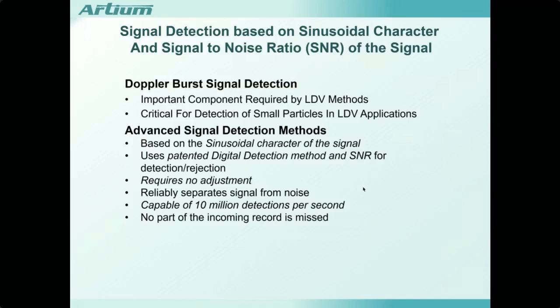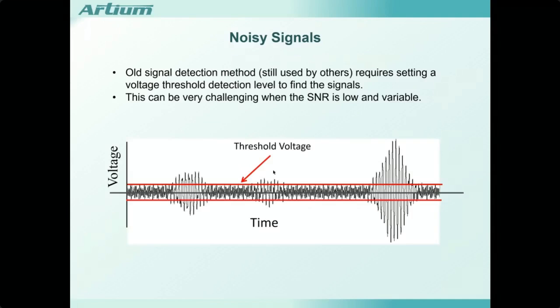So with that frustration and the importance of signal burst detection for LDV, our electronics engineer, who's a very brilliant guy, came up with a really good idea. He based the detection on the sinusoidal character of the signals. Unfortunately the simulated noise looks like it has some periodicity, but typically background noise is white noise, a random collection of superimposed frequencies.